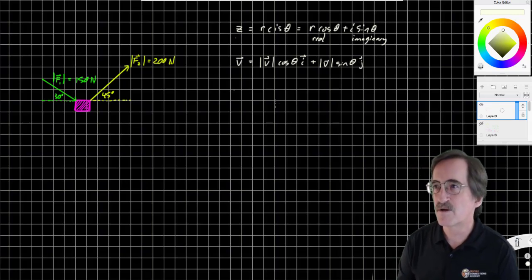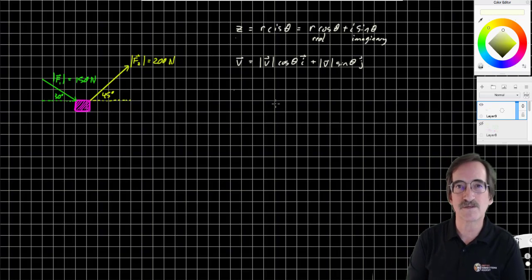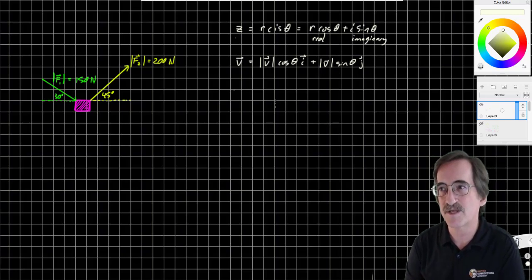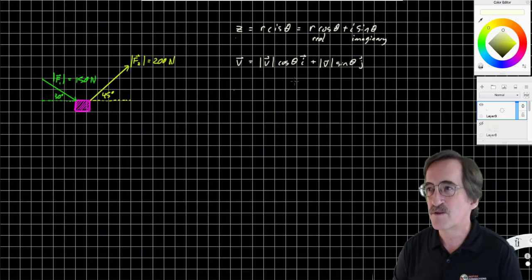You see the similarities? It's really the same formula. It's just a different context, but it's the same idea. We take the magnitude, which is the r, and we take the cosine of the angle for the horizontal component. We take the sine for the vertical component. That's really all this is.